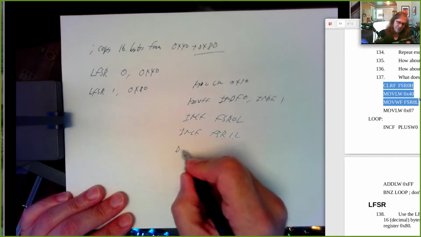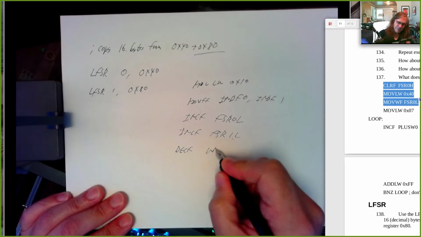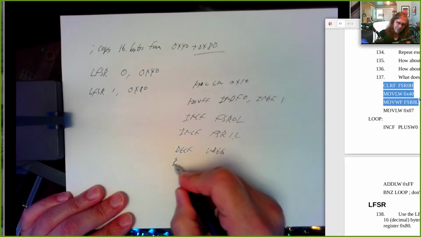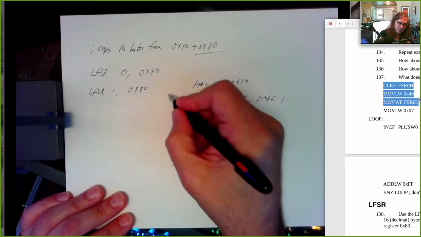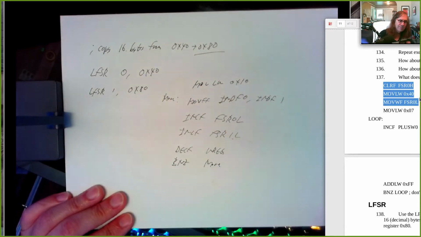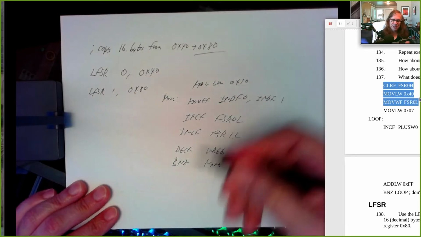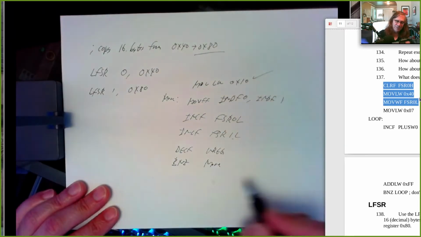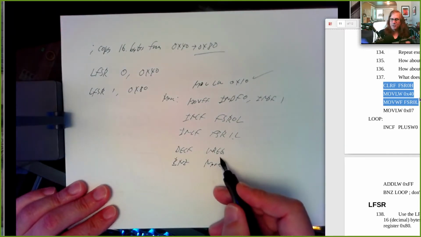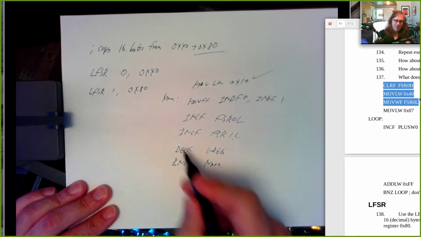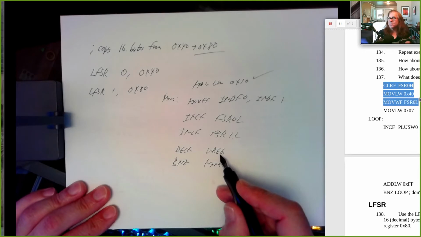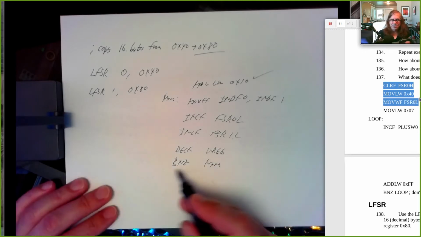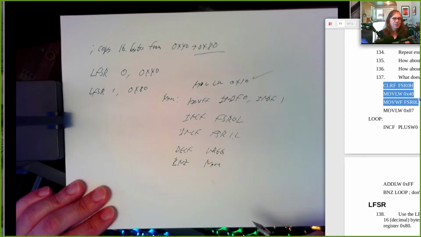And so we could decrement file WReg and branch if not 0 to do more. We could put more right here. So that'll spin 16 times, taking 1 off of WReg each time. After WReg is 1, we've decremented it, branched, moved 1 more time. We'll decrement W register from 1 to 0. The not 0 will fail, and we'll be done with our looping.